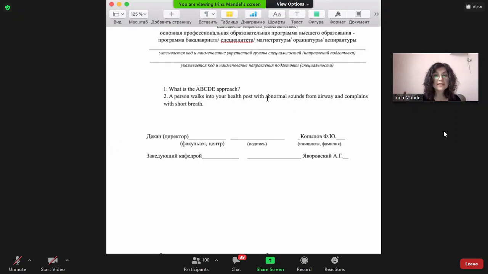The abnormal sounds and short breath could be together in an anaphylactic reaction. And if there is an anaphylactic reaction, you can find the previous history quite quickly.